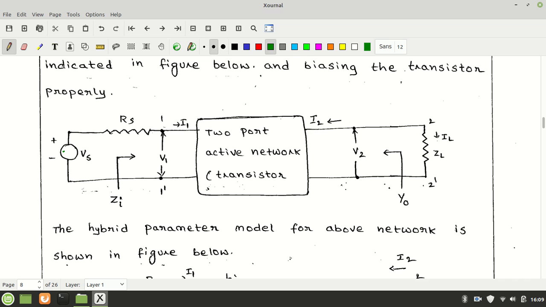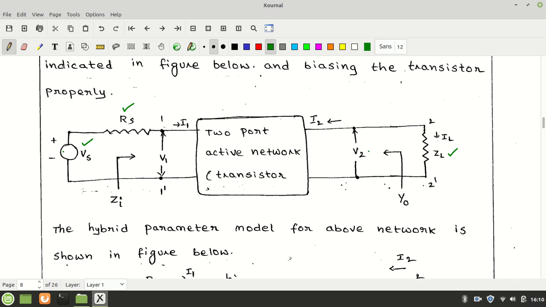VS is the amplitude of the input AC signal, RS is the source resistance of the input signal, and ZL is the load through which the output voltage V2 is measured, and IL is the current.